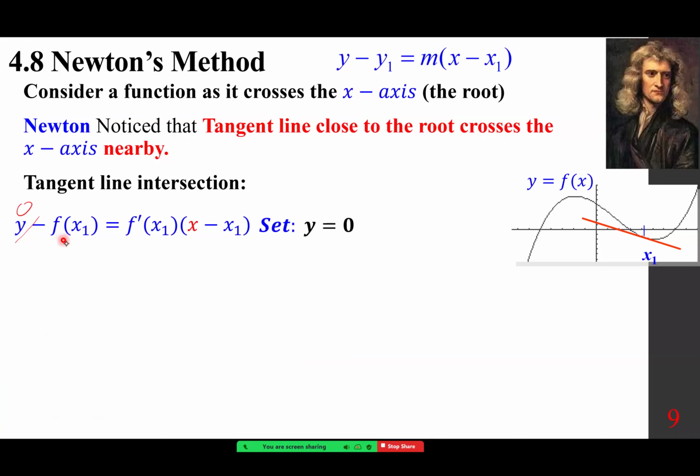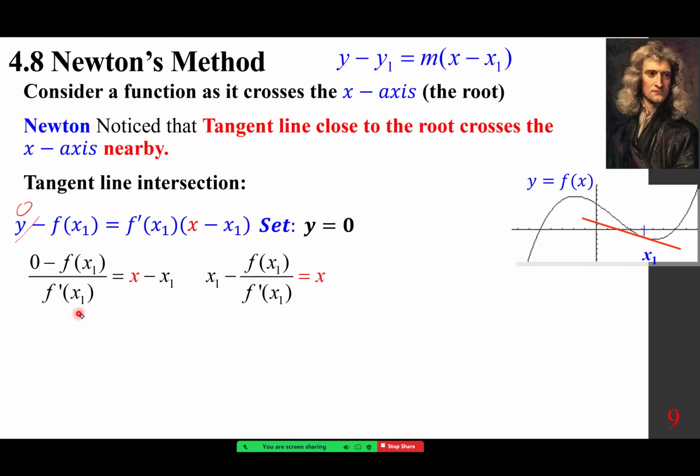So we have 0 minus f of x of 1 divided by f prime of x of 1 gives us the parenthesis x minus x of 1. And so x is this plus that, or x of 1 minus f of x of 1 over f prime of x of 1.